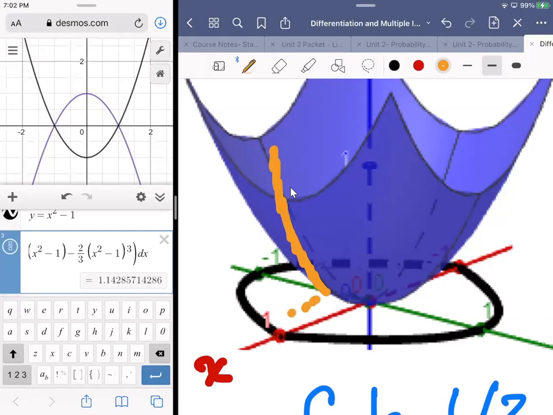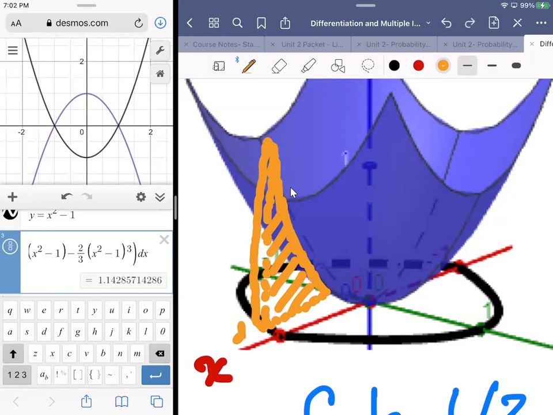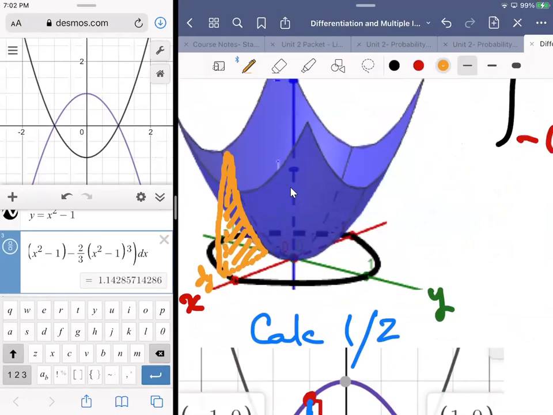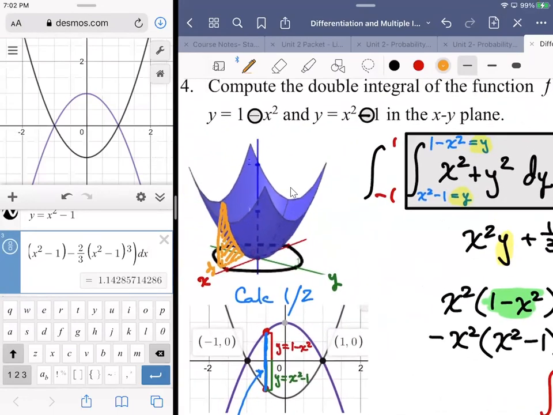Looks like it's intersecting over here. I'd be looking for this area, right? Now this figure itself would have a thickness along dy. Right, and that's what we did there.